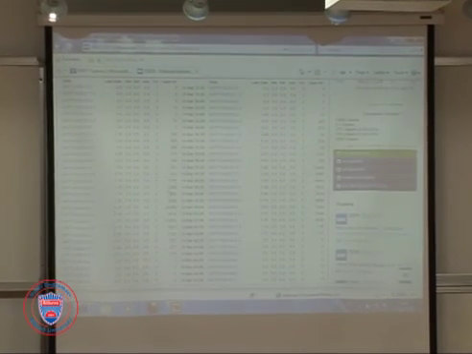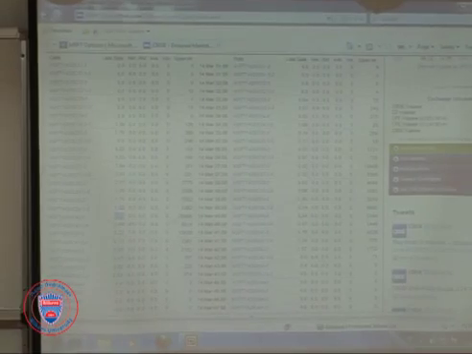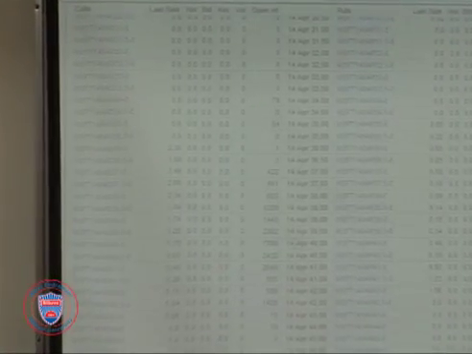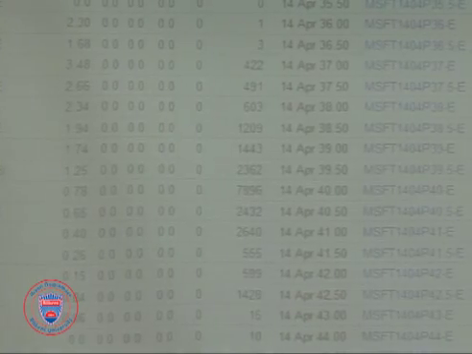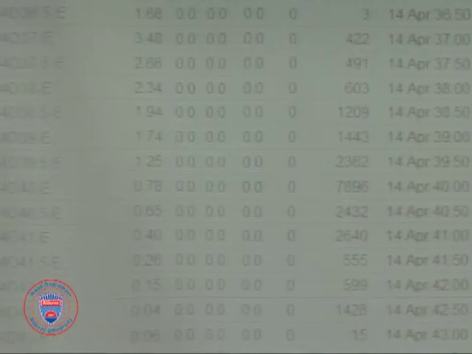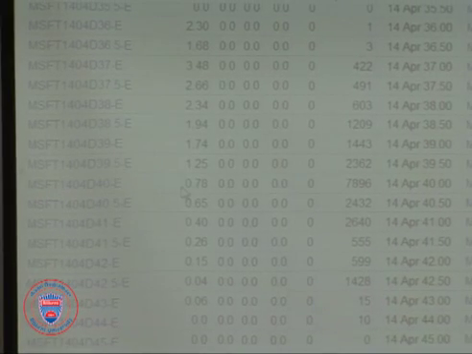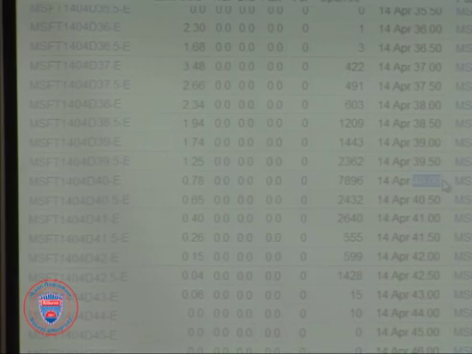So for instance, this is the last sale price. Let's look at the April ones. Can you zoom in? So for this particular option, its strike price is 40, and the stock price was 40.5, if you remember.